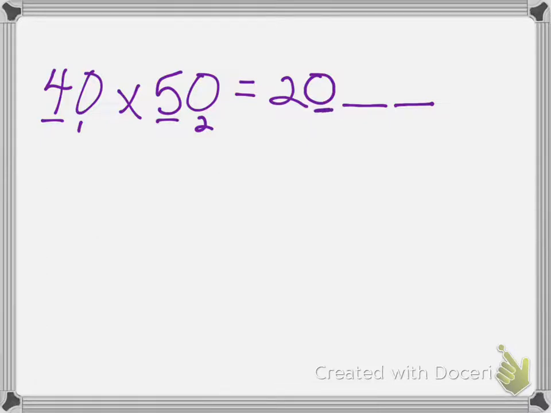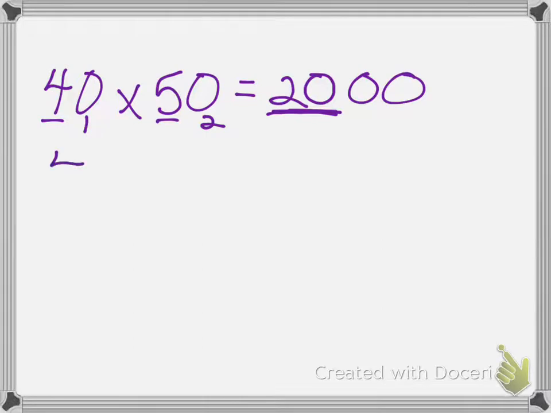This is when it gets tricky, when the two numbers multiplied give an answer that ends in 0. The way to remember this is the answer to 4 times 5 is 20. Now you add on 2 more zeros. 1, 2. 40 times 50 equals 2,000.